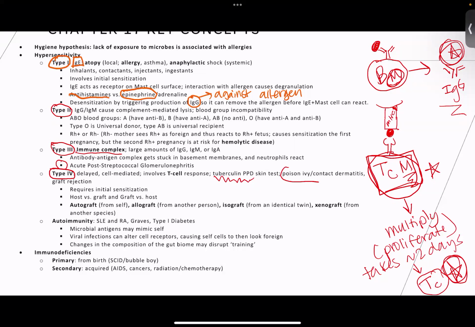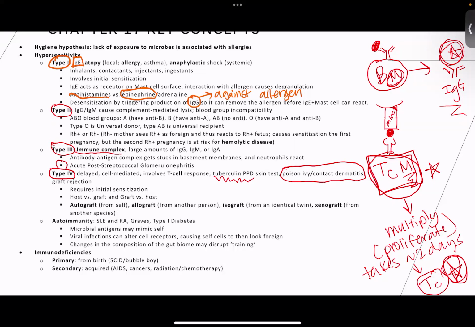Poison ivy and other contact dermatitis is driven by this response as well. And so those responses can take a couple days. If it's a delayed, takes a couple days event, it is the cytotoxic T cell response that is leading to that inflammation, not your antibody. Antibody is immediate after the initial sensitization.